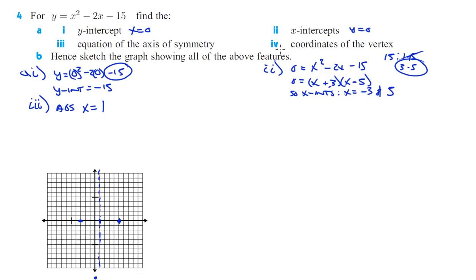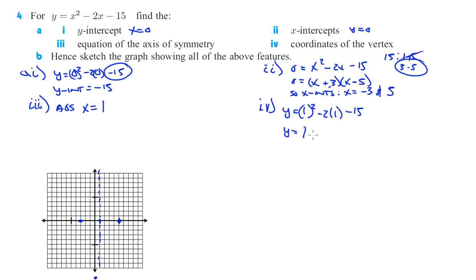And then the last part, the coordinates of the vertex. If we're looking for the coordinates of the vertex, it's got to be somewhere on x equals 1, right? So we just got to plug 1 into this and see what we get for y. So y equals 1 squared minus 2 times 1 minus 15.